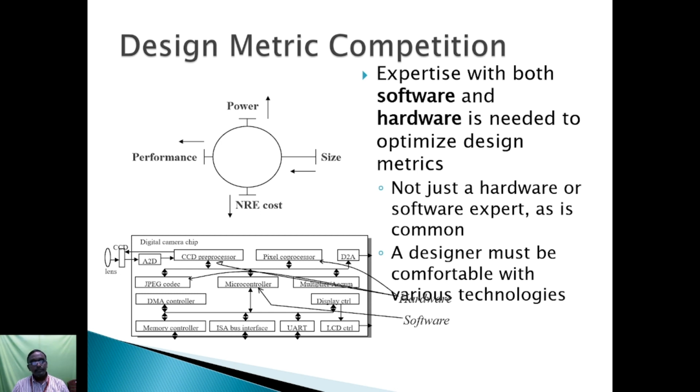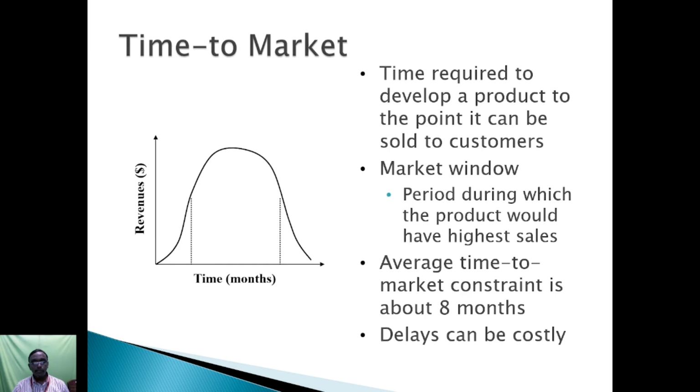Software is used in the microcontroller. Hardware includes the CCD preprocessor, JPEG codec and pixels coprocessor. These are the hardware used in digital cameras.